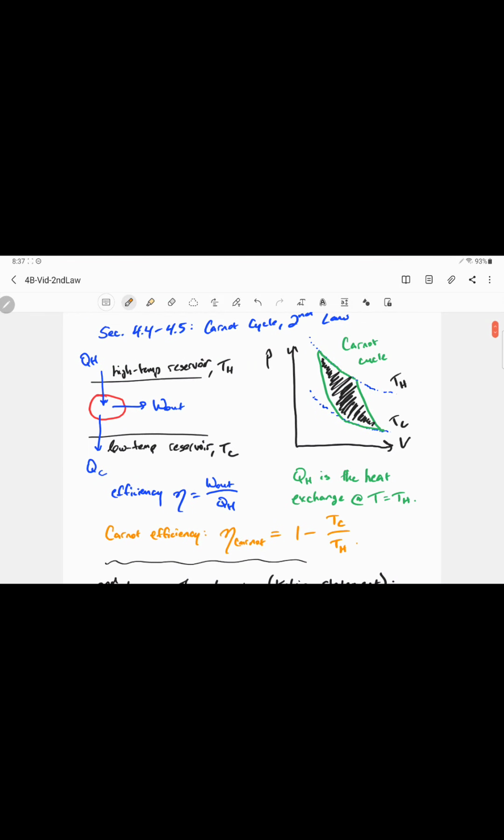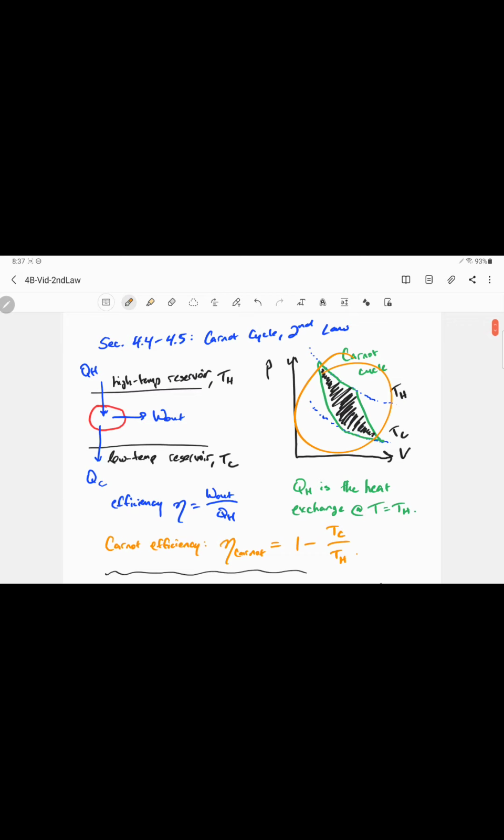At first, I remember learning this, and this looks like a really random path to be the best possible thing. But actually, if you think of it, it makes sense that it's the best, because you're taking all of the heat right here, doing work, and spitting out heat all at this temperature.